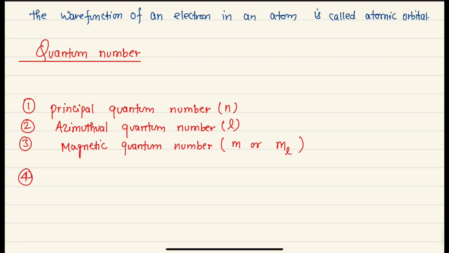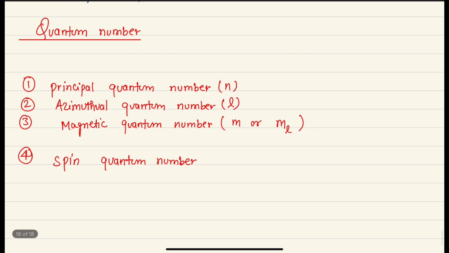Now the fourth quantum number is the spin quantum number, and that is denoted by s, or you can write m with a small s in the subscript.